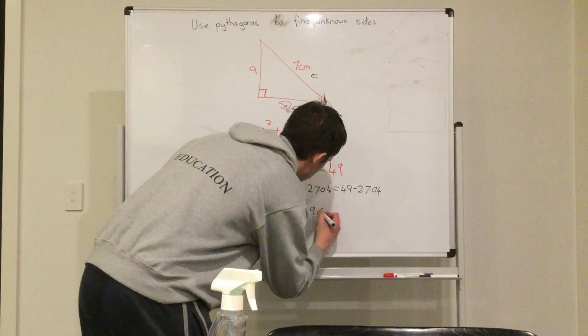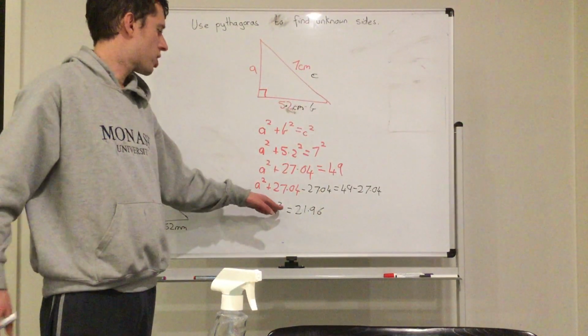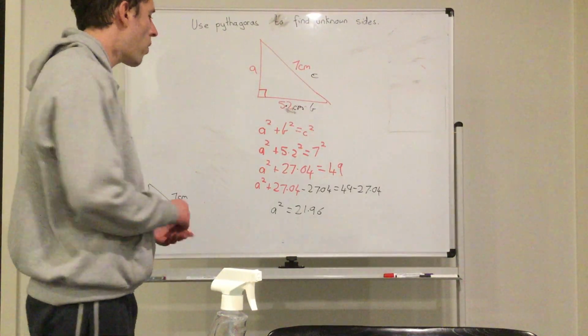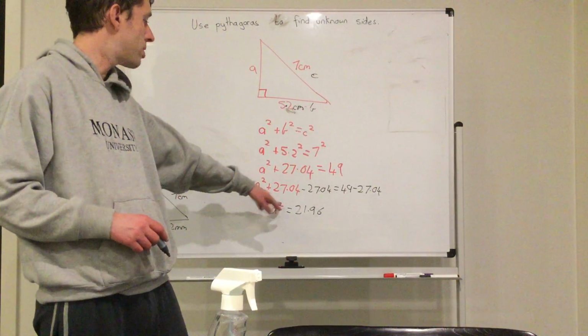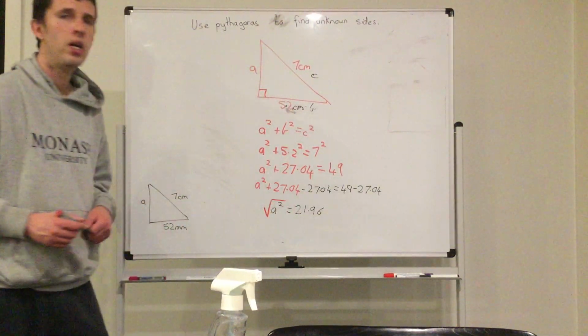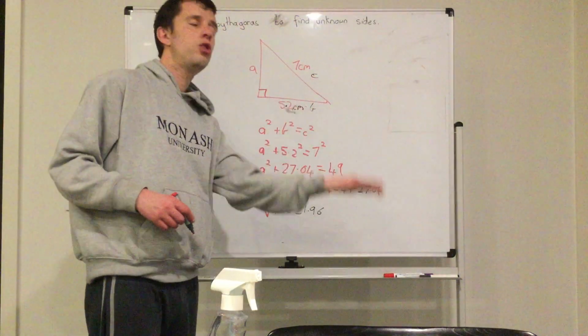Now, to get the square off this side and I'm just looking at the A, all I need to do is think about the opposite. The opposite of squaring is square root. The equal sign means whatever you do to one side, you must do to the other.